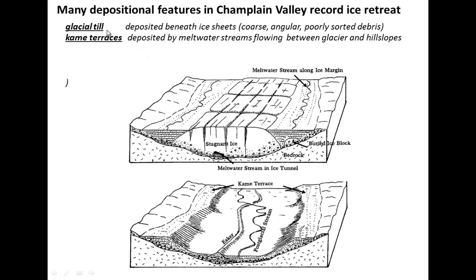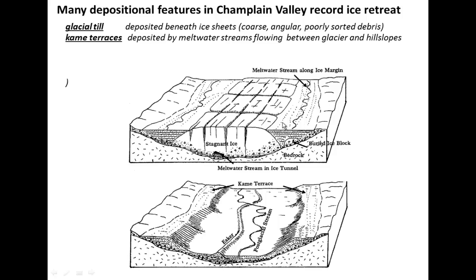Now down in the Champlain Valley, we get another unique feature. This is called a kame terrace. These are deposited as ice lobes slowly melt away, and you get some stagnant ice sitting down in the valley. And all the water that's running off the glacial ice sheets is running along the margin of the ice sheets, between the ice and the valley wall.